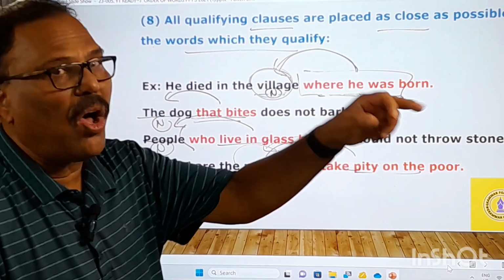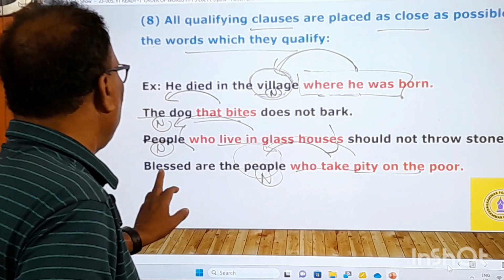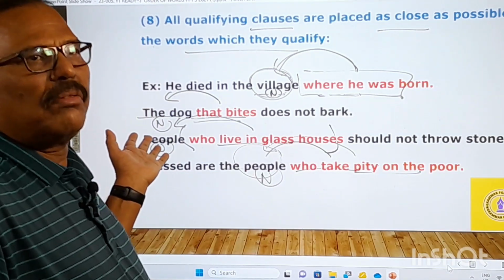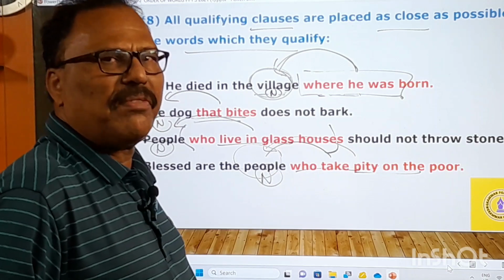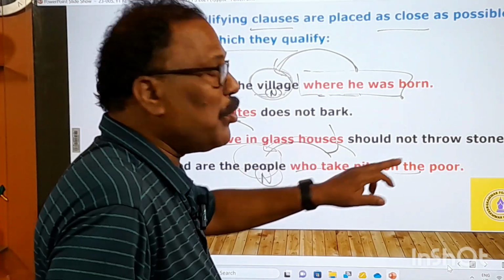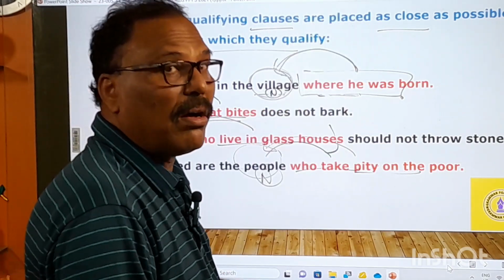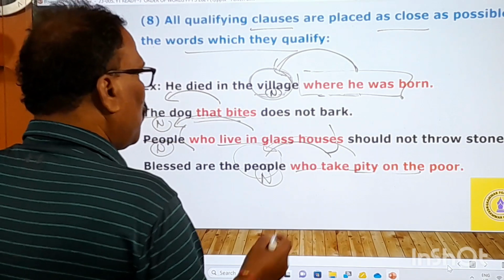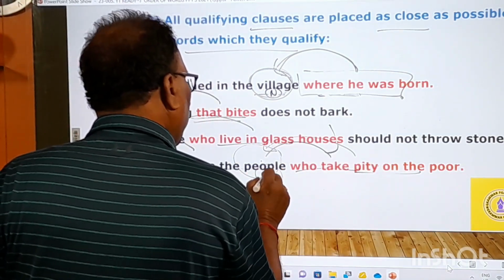Who take pity on the poor. If I don't say these words, blessed are the people, and stop there, what do you understand? Nothing. Therefore, blessed are the people who take pity on the poor. Whoever takes pity on the poor, those people are blessed. So here the entire clause is qualifying this people, that is a noun.